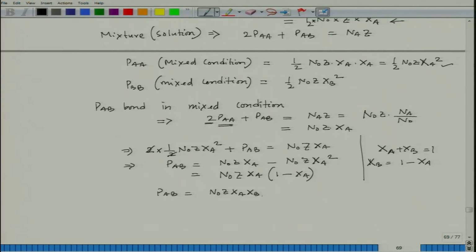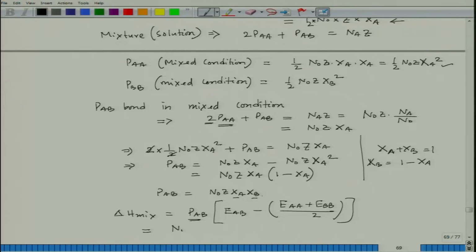Now, I know that del H mix equal to P_AB times E_AB minus (E_AA plus E_BB) by 2. So, then I just put the value of P_AB as a function of coordination number, mole fraction of A and B in the mixture.